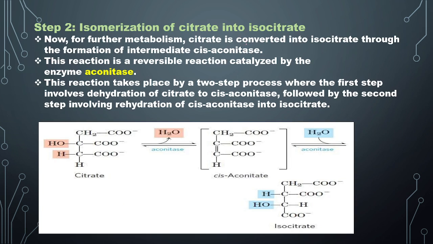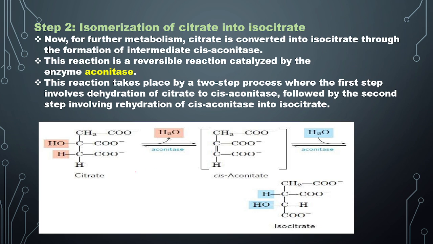This step involves two sub-steps. For further metabolism, citrate is converted into isocitrate through the formation of the intermediate cis-aconitic acid.